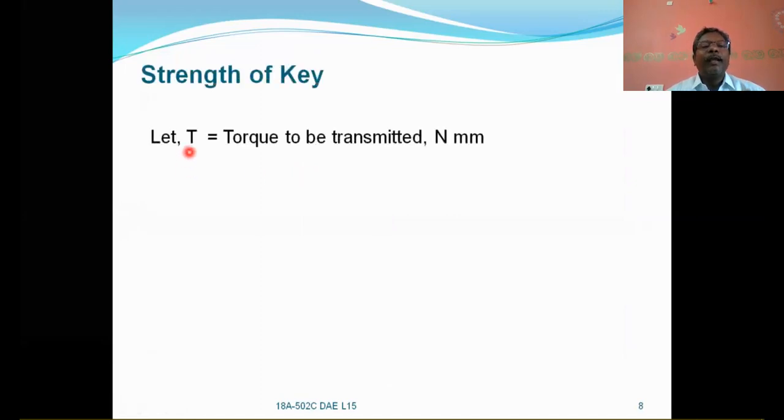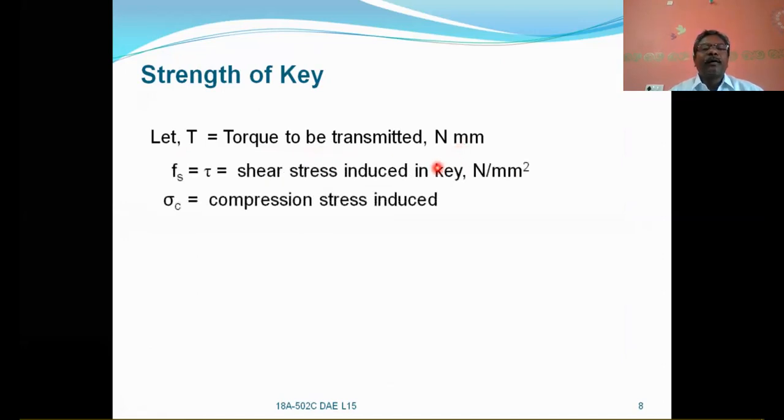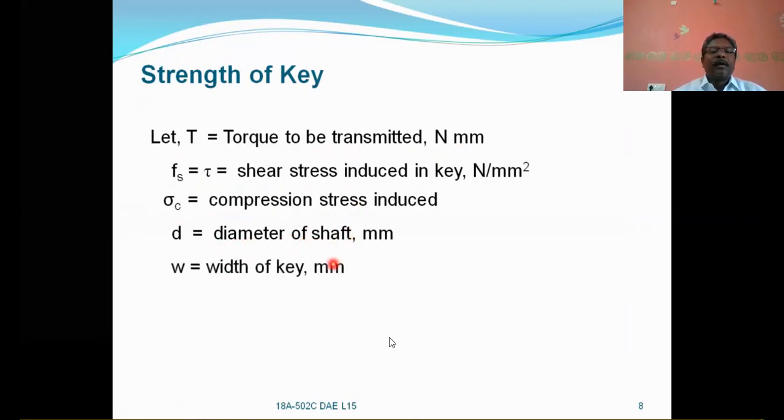So let T be the torque transmitted, in Newton millimeters, and Fs or tau the shear stress induced in the key in Newton per millimeter square, and sigma c or Fc the compressive or crushing stress induced in the key in Newton per millimeter square. D is the diameter of the shaft in millimeters, and w, small w, is the width of the key in millimeters, and t is the thickness of the key in millimeters.